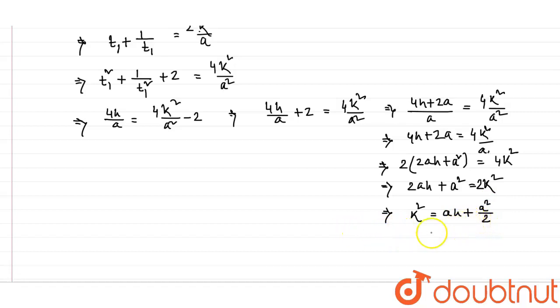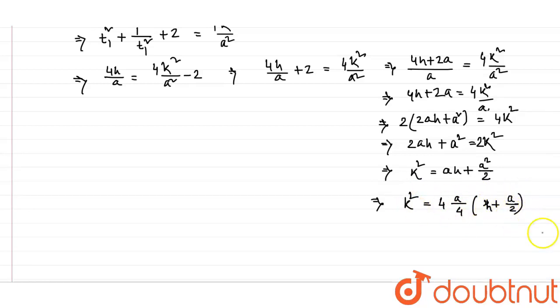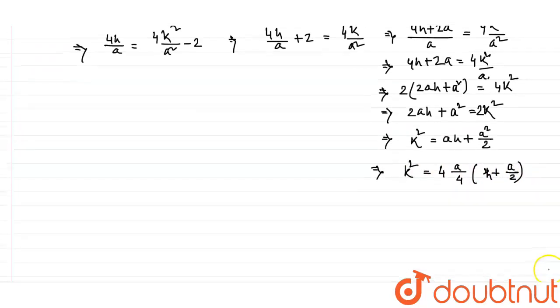So actually we want to write it in a form of y square; k square, not the locus right now. We write k square is equal to 4a by 4 times (h plus a by 2). So what is the locus?